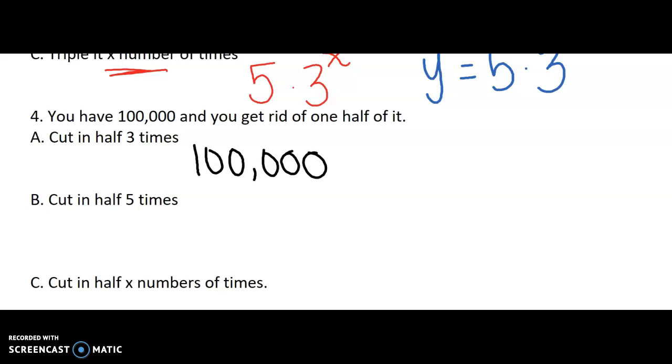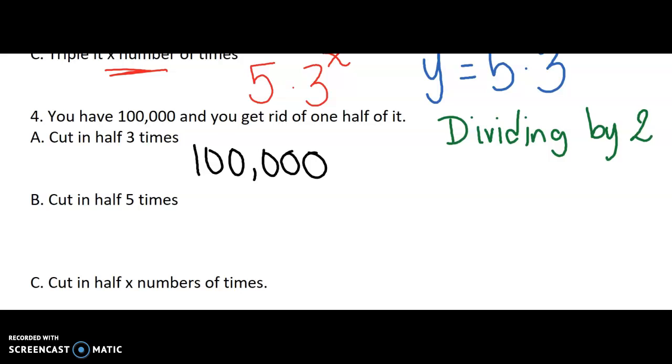And how do we cut it in half? Do we subtract 50,000 or do we multiply by a number? Or divide? Cutting it in half is dividing by 2. But for some reason in these exponential functions, we don't really use division, we use multiplication.